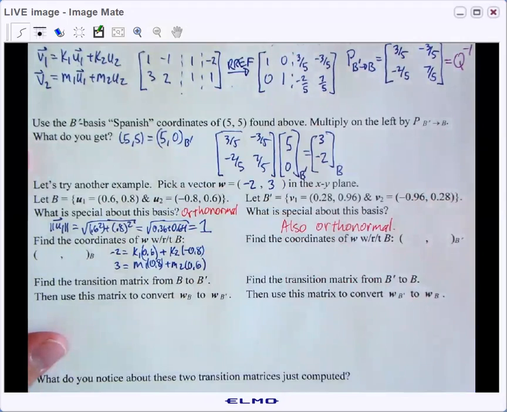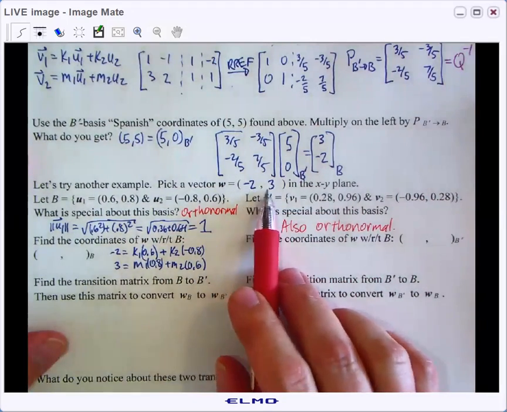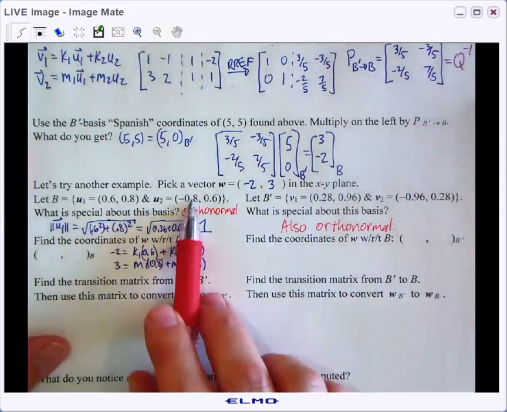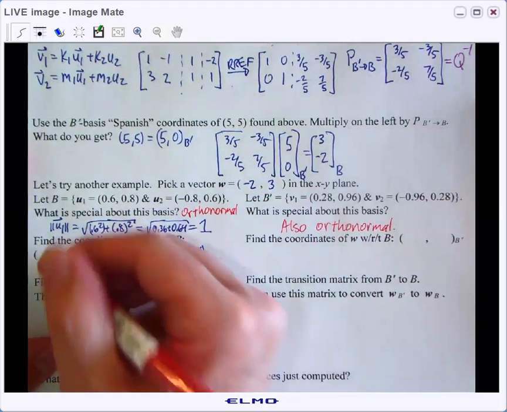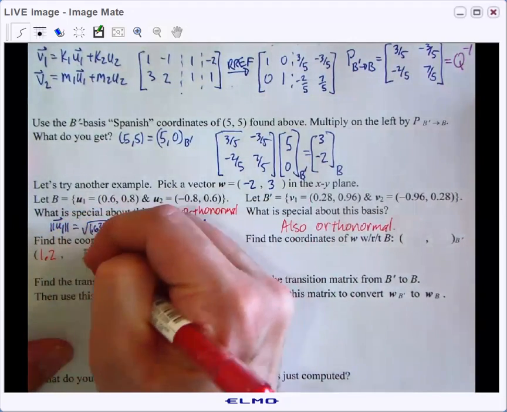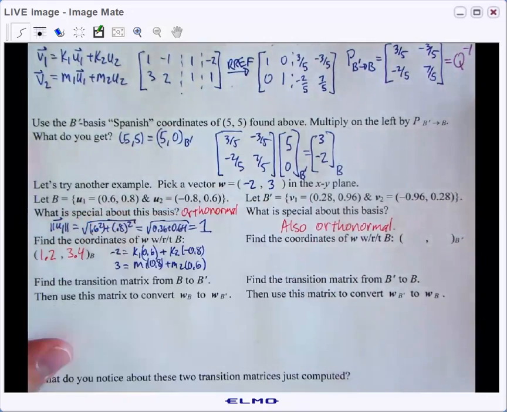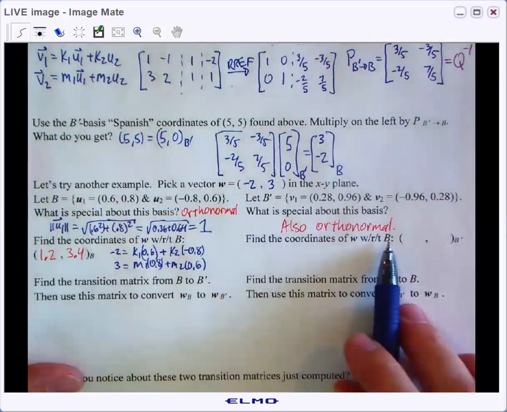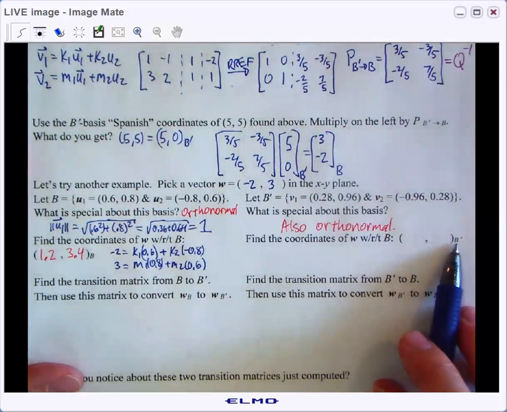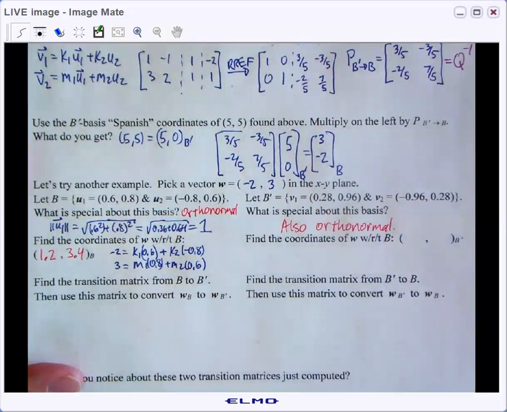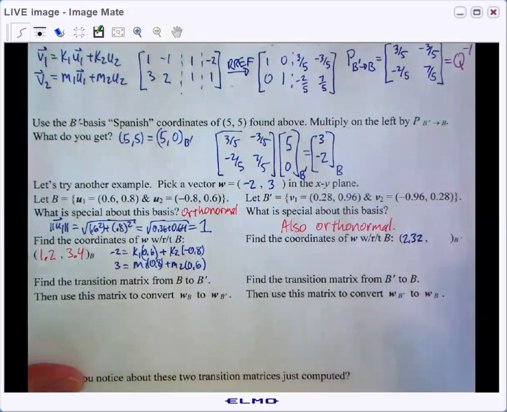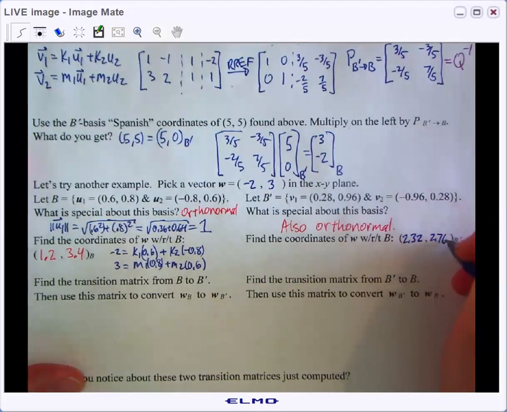And when I solve that system, I find out that the coordinates of the point -2, 3 in the xy plane, when done with respect to the U1, U2 basis, turn out to be 1.2 and 3.4. Okay. Similarly, if I write it in its coordinates with respect to the B prime basis, those turn out to be, I'll save a little bit of time here, 2.32 and 2.76.